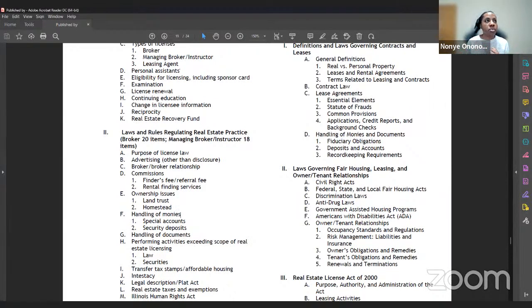So let me write it down so that it helps with tracking what I'm saying. I'm talking about Homestead here.